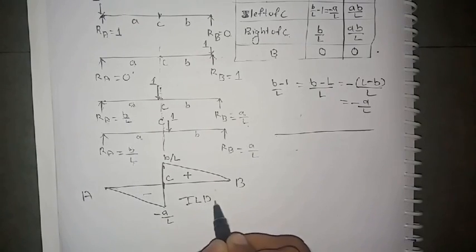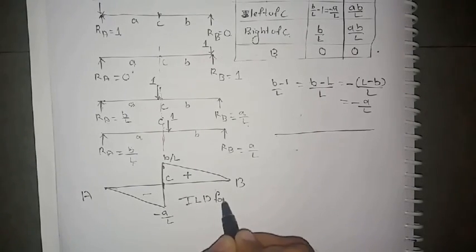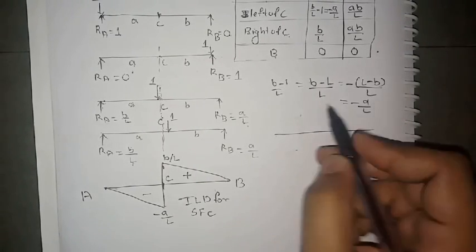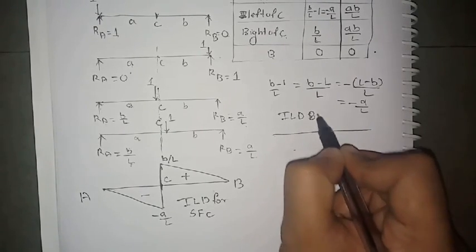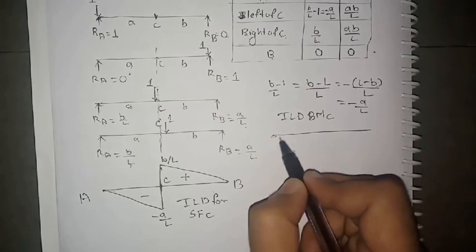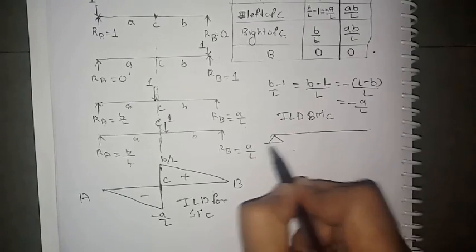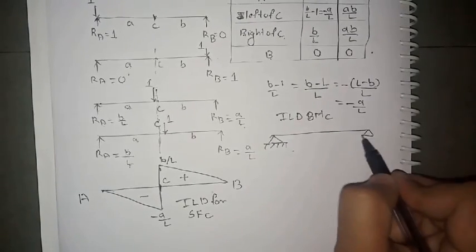So from this we can find the ILD. This is the ILD for shear force at C. This is the ILD for bending moment at C, for the given simply supported beam.